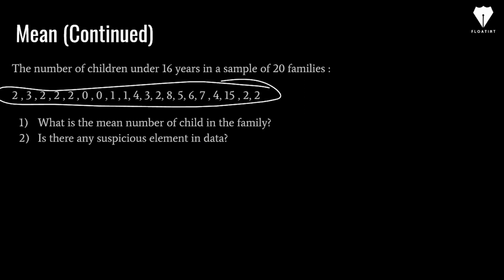In this data set, you can see all the numbers are lying between 0 to 8, but one number is unexceptionally very high, right? It's 15. So if you see this data, you can see that this is a clear-cut suspicious element in your data set. These are called outliers.